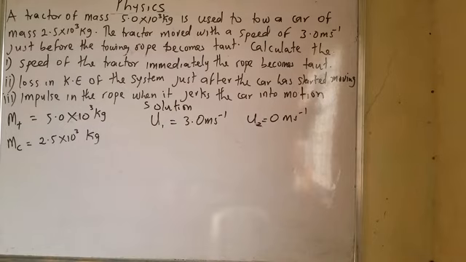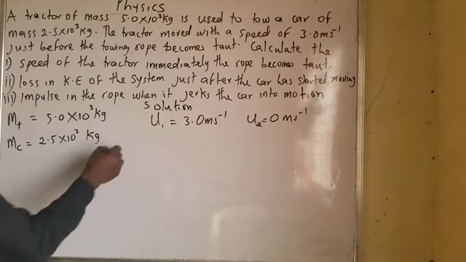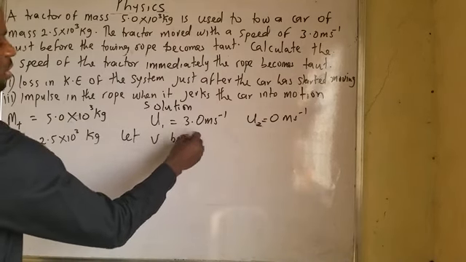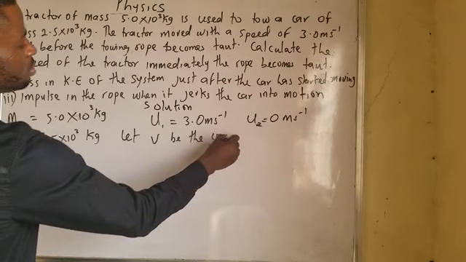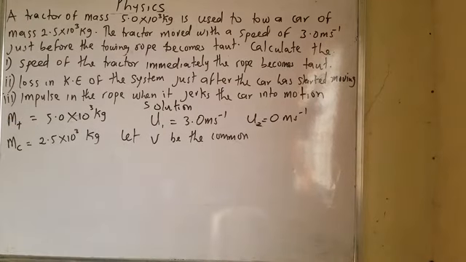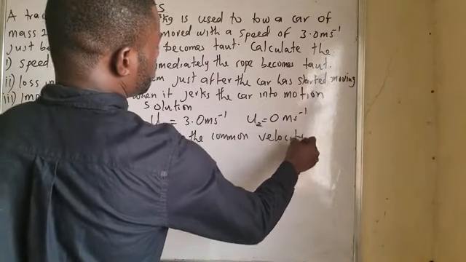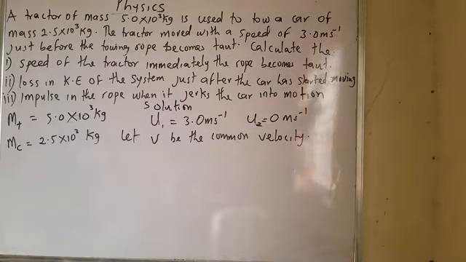Now, since I have this, let me use V. Let V be the common velocity, both of the tractor and the car, which is what we have to take the moment on.